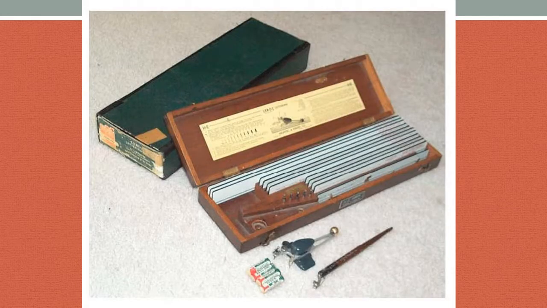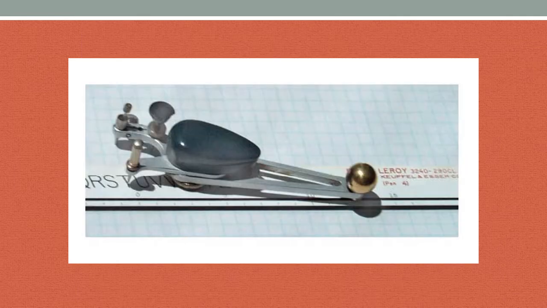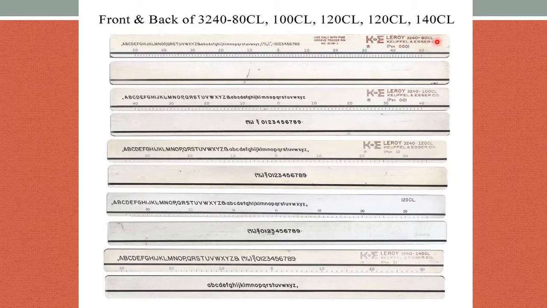This happens to be a Leroy lettering set. It is a manual way to create much better lettering than freehand. You can see here there's a little track, and I trace the letter, and there's a pen here that will then create the letter. You notice all different sizes.